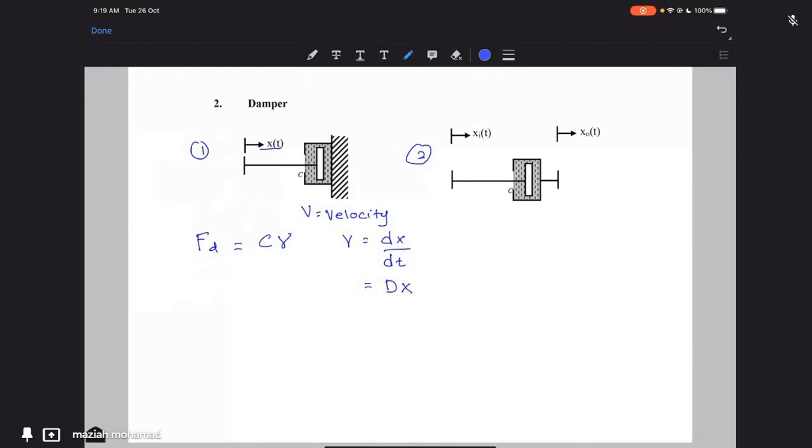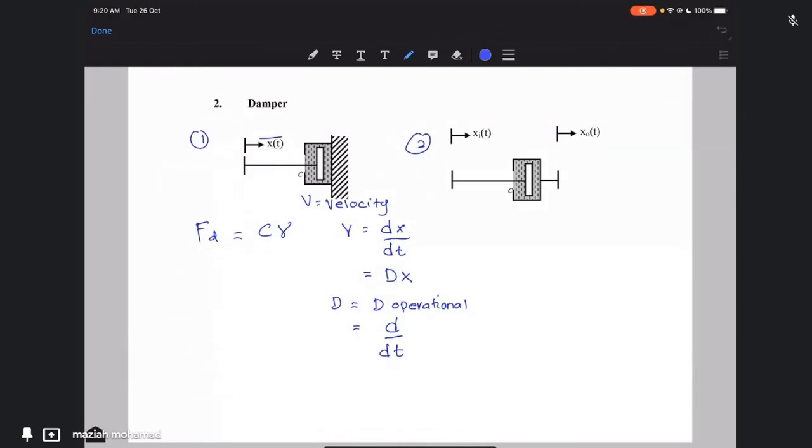Okay, why do I write D? Because D here is what we call the D operator, which is equivalent to d over dt. It's just to simplify the way of writing.